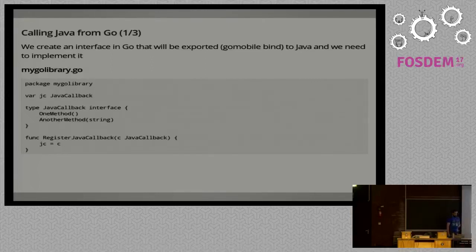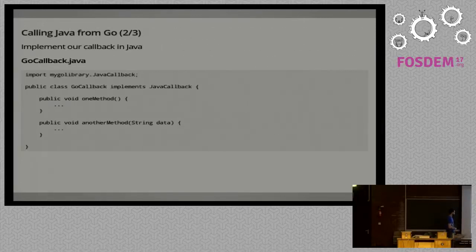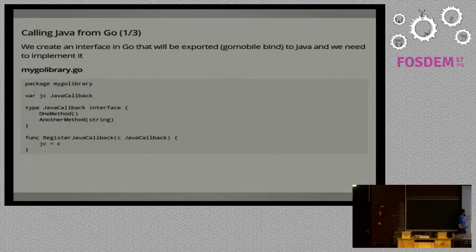So first, we are going to create an interface with some methods in Go, and also a function RegisterCallback to save a reference to our Java code. Later, we need to implement our interface in Java, which is the same as before, implementing the Java code, which is this one.